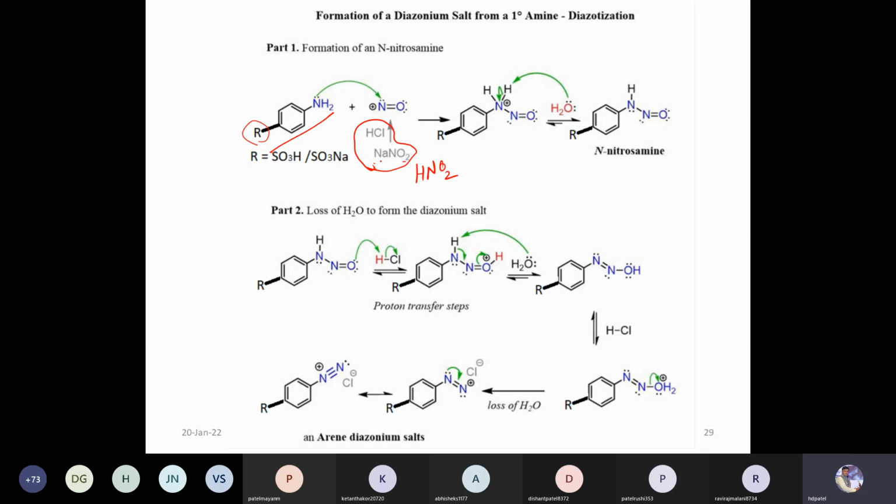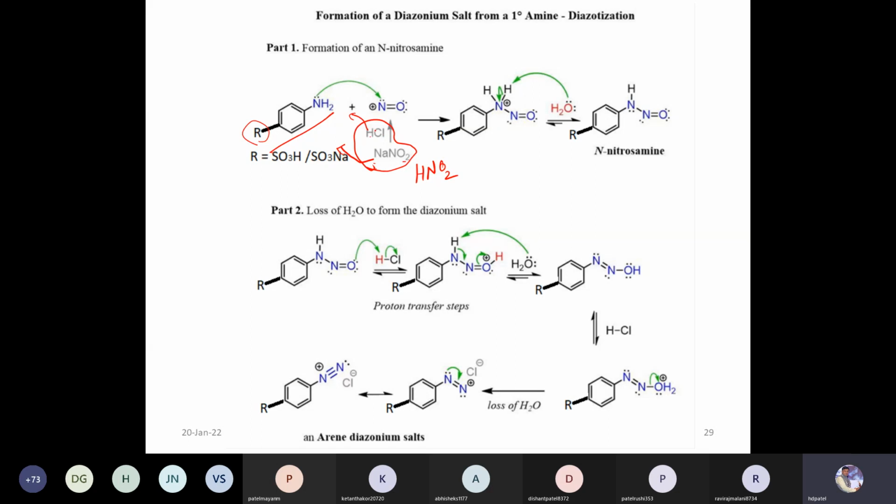Some people use the sodium salt of sulfanilic acid, mix it with NaNO2, and after that add HCl. Whichever way is preferable, the preferable way is first to prepare a solution of sulfanilic acid, then add NaNO2, and then add HCl. Why is this required? You can check the progress of the reaction very easily with the help of starch iodide paper. This is the test we have to perform during the reaction.